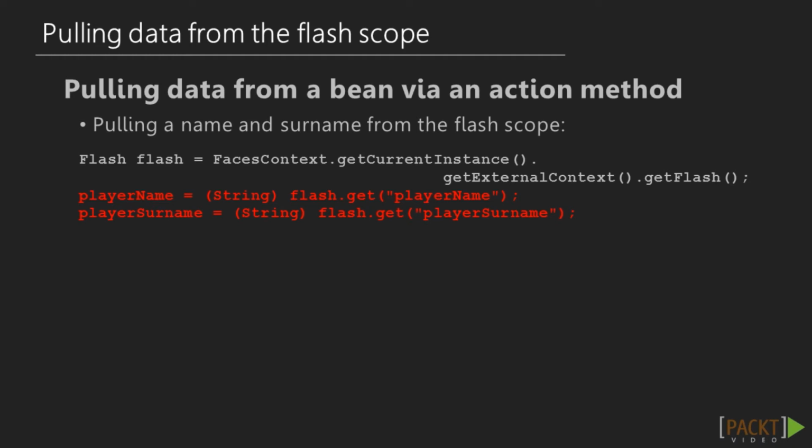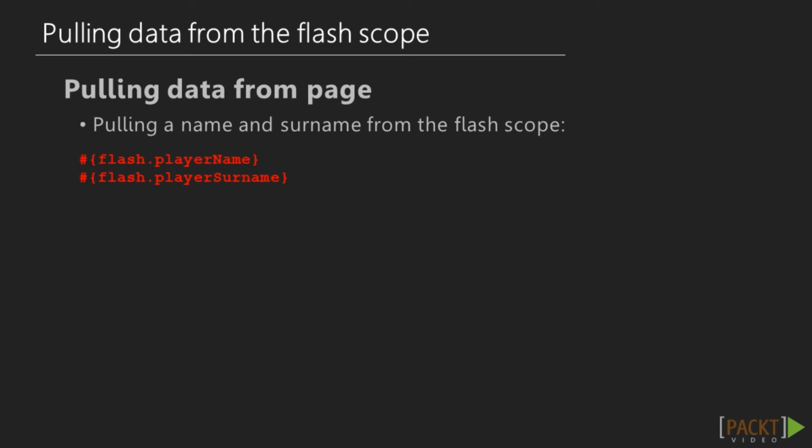The information taken from the flash scope can be used to initialize the properties of the bean. We can also get the data from the flash scope in page. This can be accomplished via the flash implicit object, as you can see in these two examples that pull out the player name and surname.